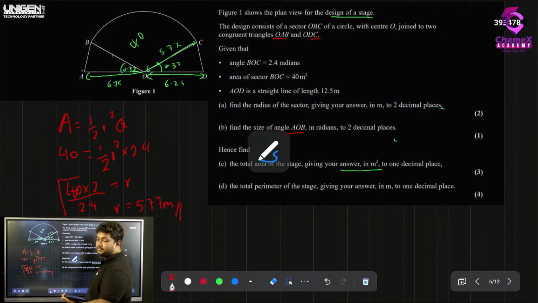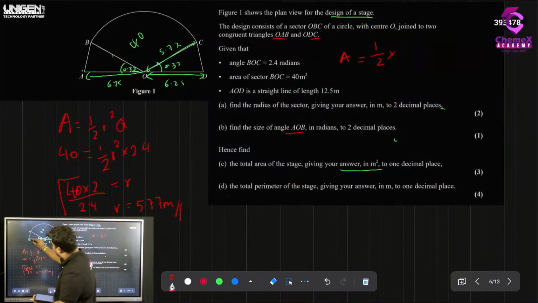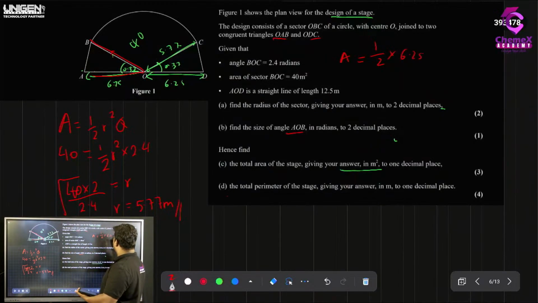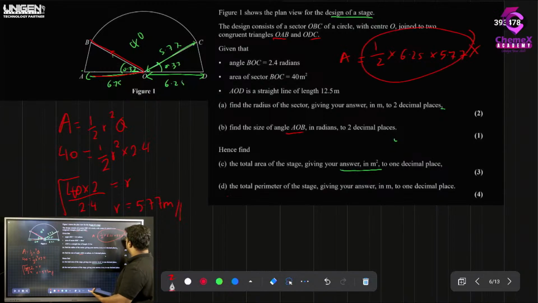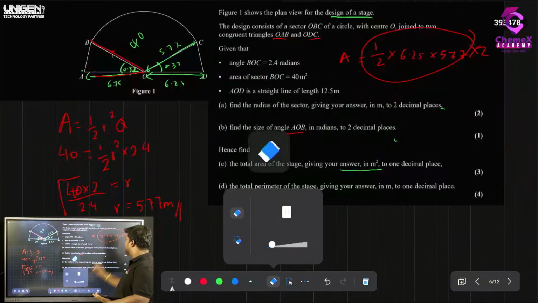How do you find one? Half times AB sine. AB is going to be 6.25 into 5.77. Do you understand or not? So this into 2 will give you what? No, still it's not complete.